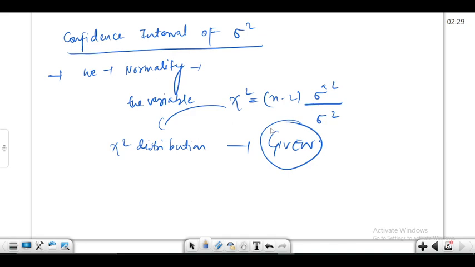So if I have to create an interval around this, chi-square is basically the squared distribution of a random distribution. In very simple terms, a chi-square distribution always has positive values in it. There can't be any negative values because it is a square of an already existing distribution.